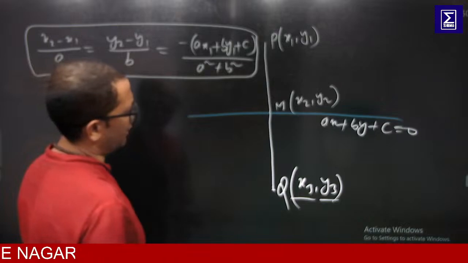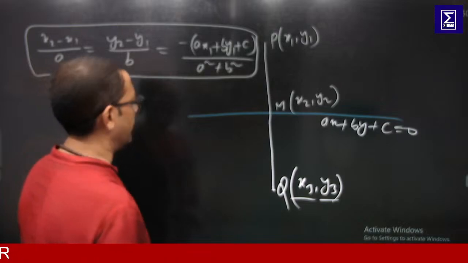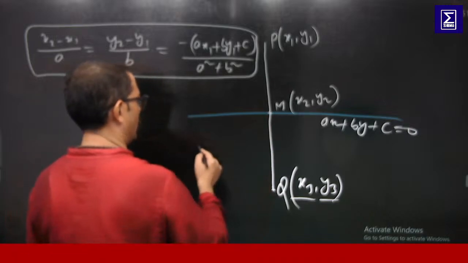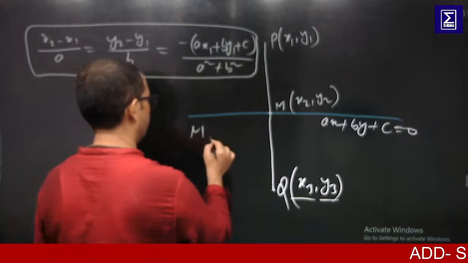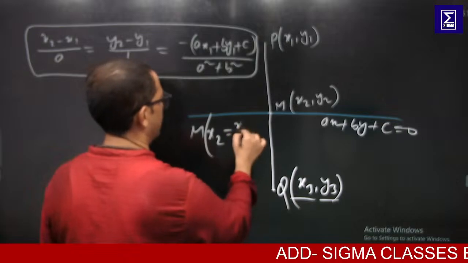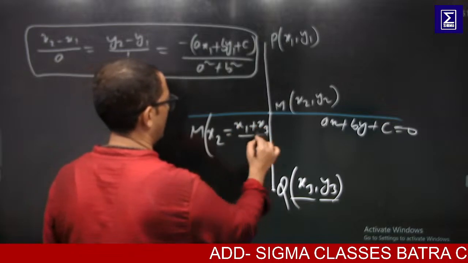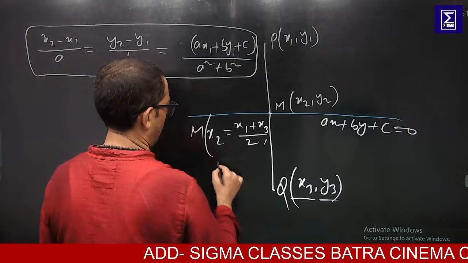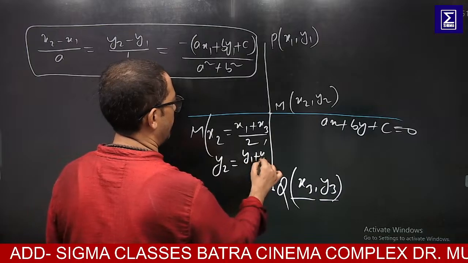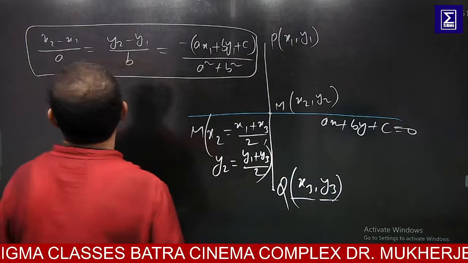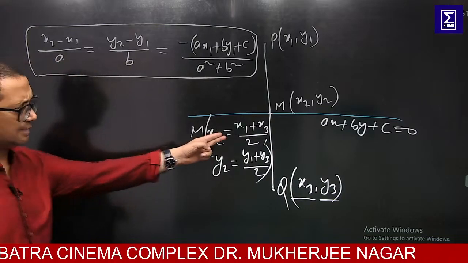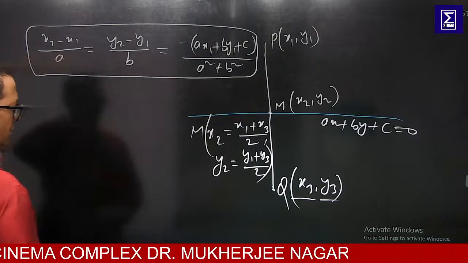So for the coordinate of Q, what we can write in place of x2 and y2? The coordinate of M can be written as x2 is nothing but (x1 + x3) upon 2, and y2 is nothing but (y1 + y3) upon 2. So wherever x2 and y2 is there, we will simply put these.